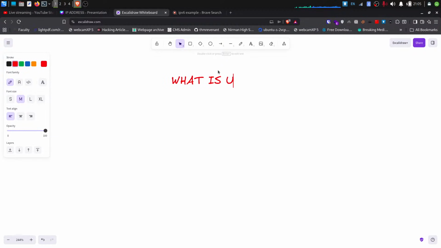What is subnetting? Subnetting is basically the process of dividing a large network into small networks. Can we start today's topic? Please comment down yes if we can continue.